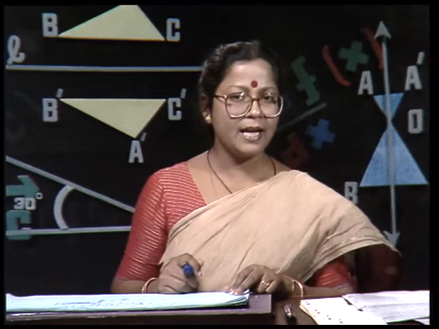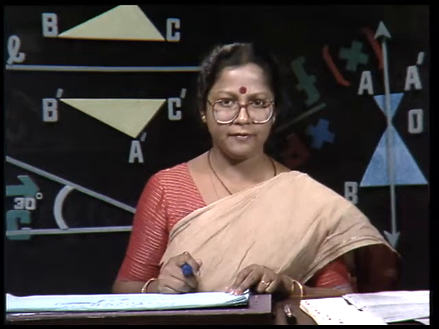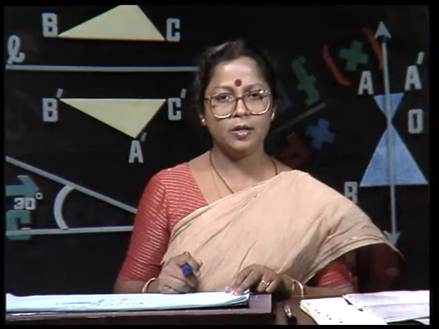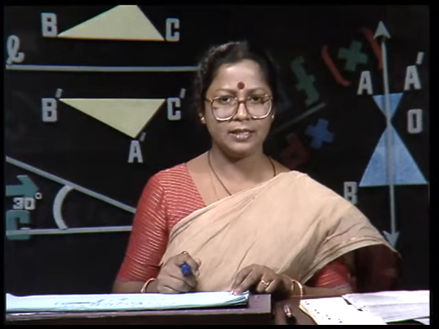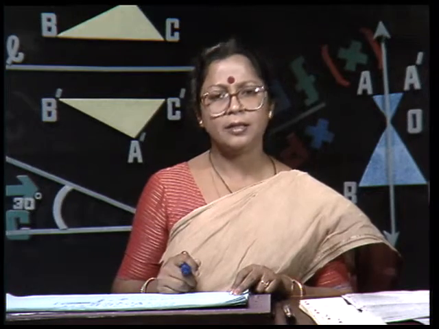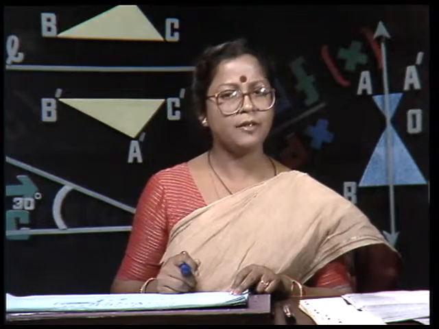We can also define an event E and F, which is said to occur when both E and F occur together, that is, the outcome belongs to E and F together.